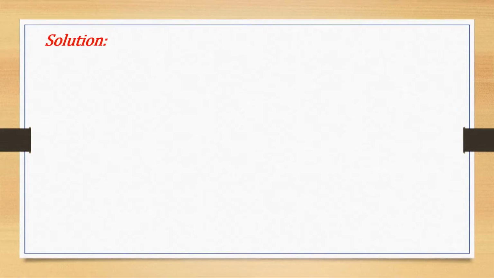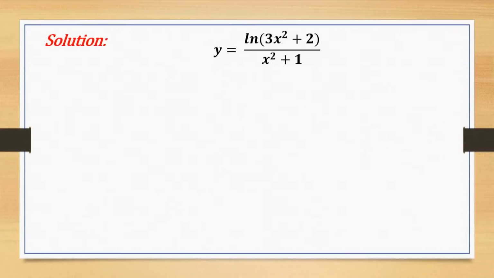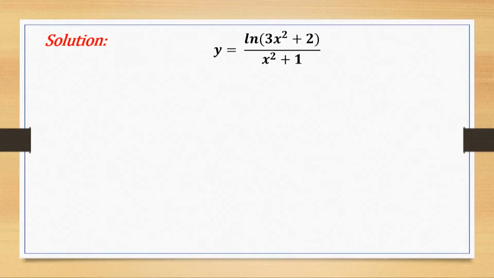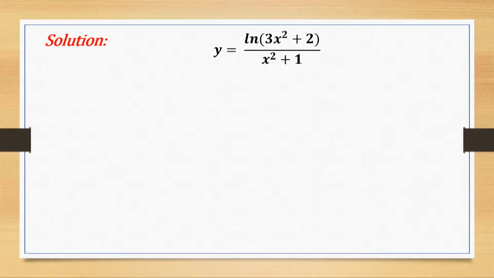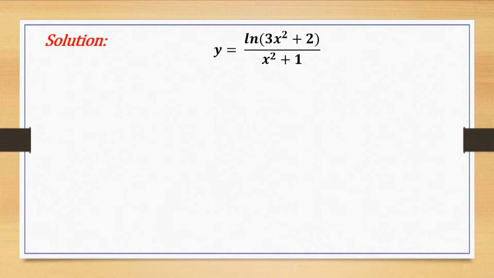So here, y is equal to ln of (3x squared plus 2) over (x squared plus 1). I am going to use the quotient rule which is usually used when we have functions as y equal to u over v, and u and v are functions of x.